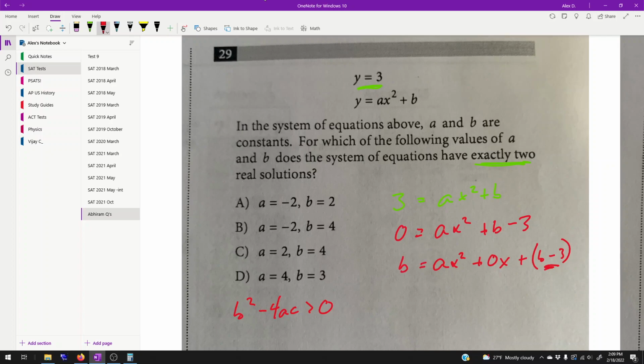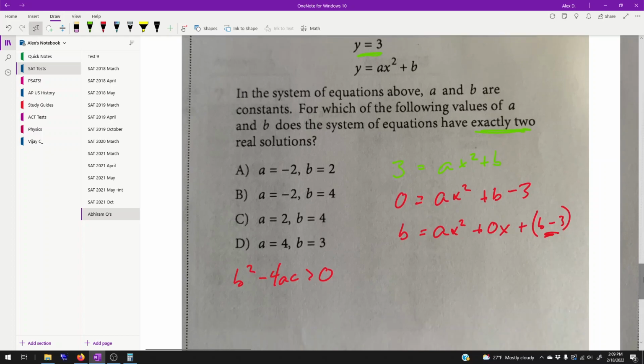Don't let the b's confuse you. In the quadratic formula, b is just the placeholder for the coefficient on the x term. Here, in this equation, b is being put into the c value of the standard form. It can be confusing, but just remember that a, b, and c are arbitrary place value holders. It's the place that matters, not the name of the variable.